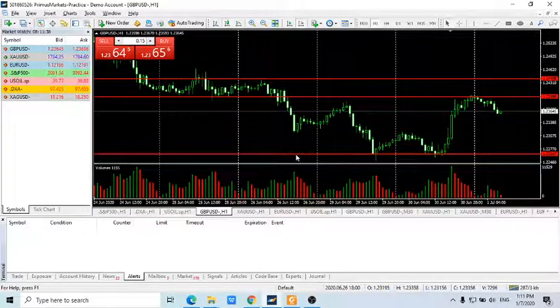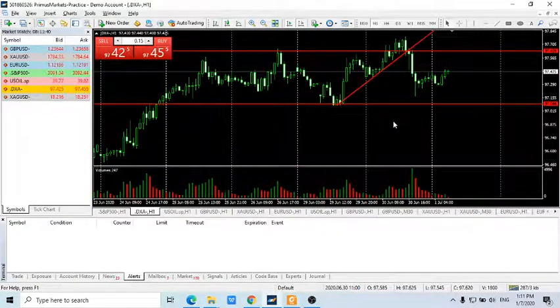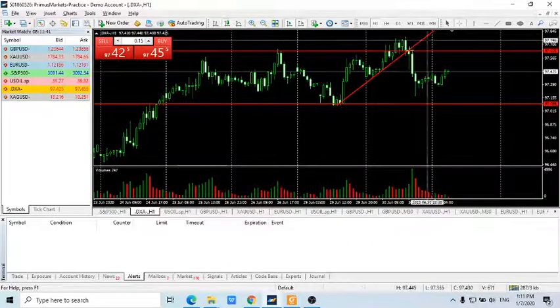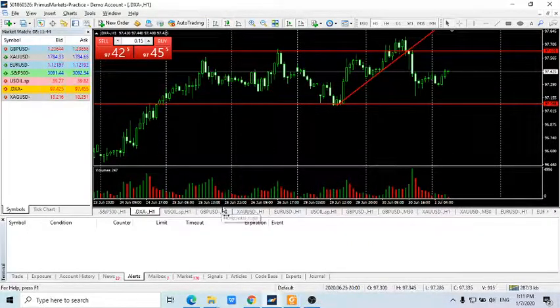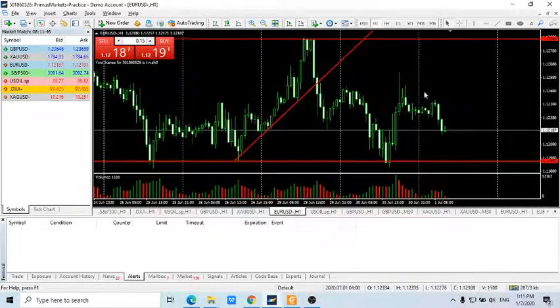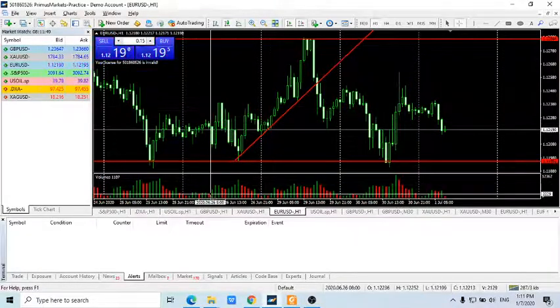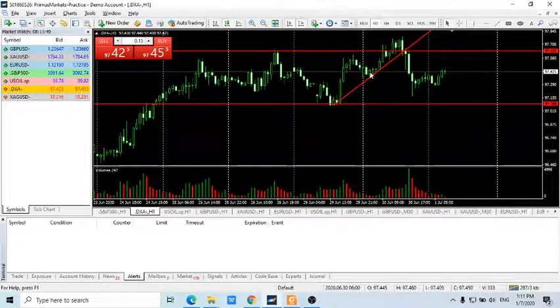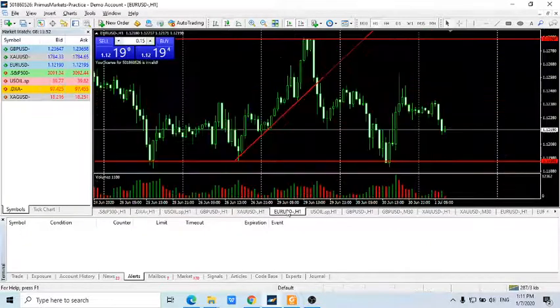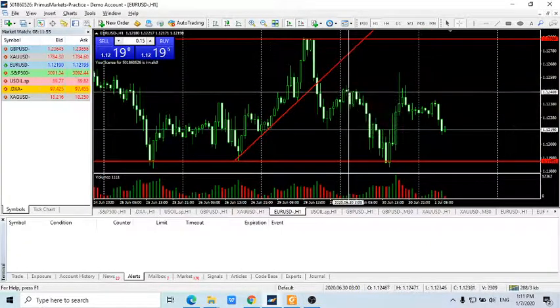Back to the US dollar index, it was strong in the morning and afternoon. So when we analyze the euro dollar, we will also see a similar pattern as the US dollar was strengthening. We can see that the euro dollar was also weakening from 1.1246 all the way to 1.1193.